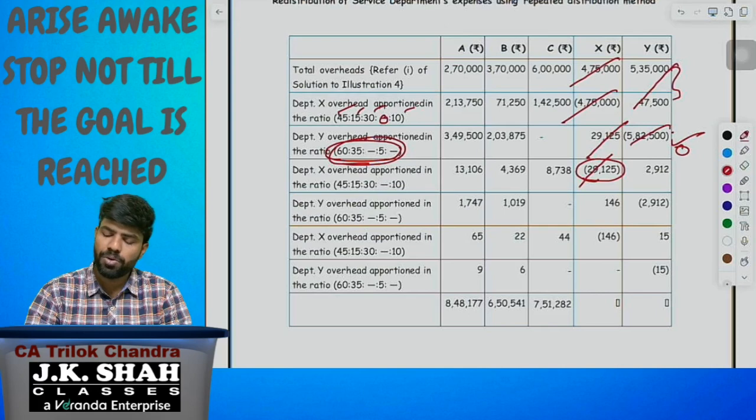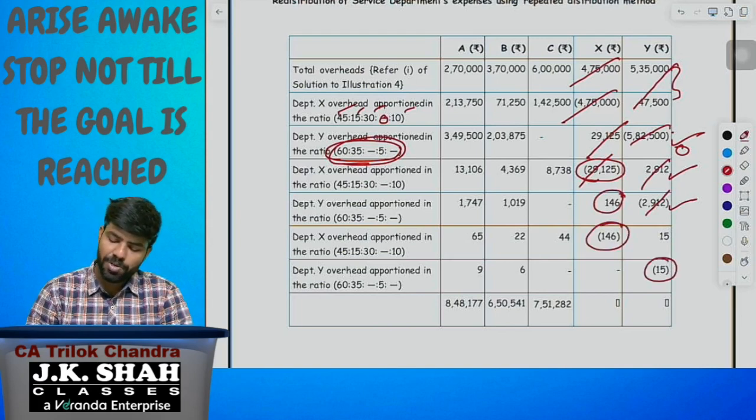X department becomes 0, but 2,912 is there in Y department. Now apportion 2,912 between A, B, C, with 0 to Y and X 146. Now these two become 0, but 146 rupees is there in the X department. So apportion 146 rupees between A, B, C, Y.